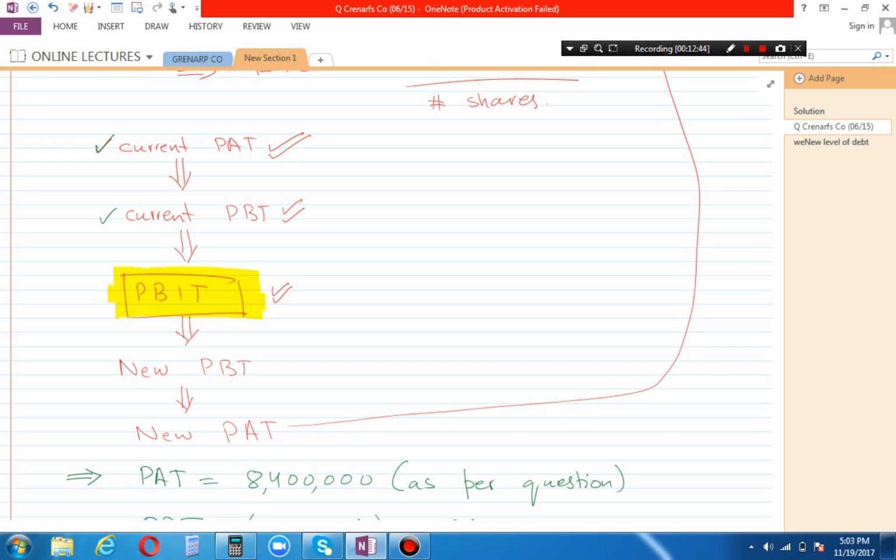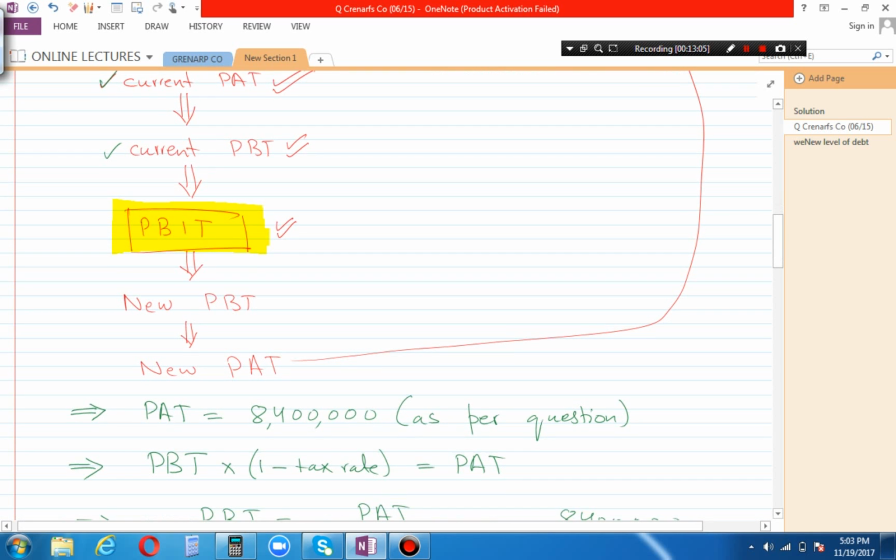After PBIT, when you deduct interest and then you deduct tax, that will be different if we have equity finance or debt finance. So the PBIT after the new finance would not be different because we don't have any new finance. So once you have the old PBIT, then you can convert that into new profit before interest and new profit before tax.